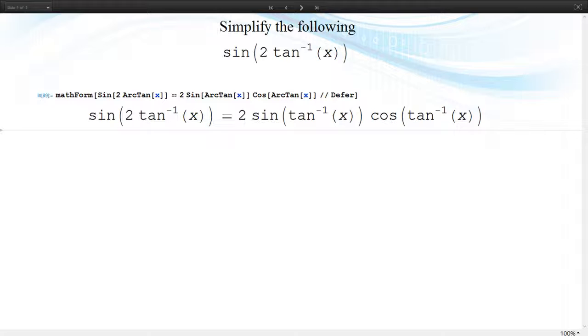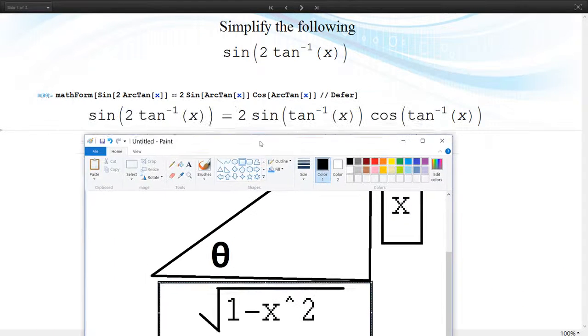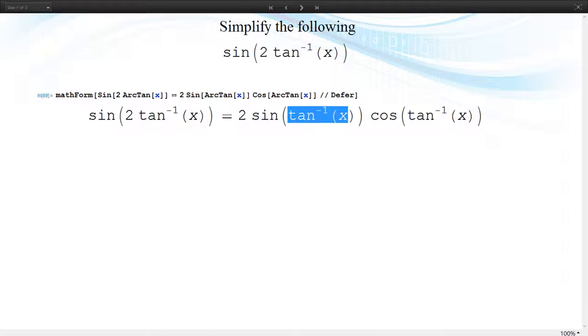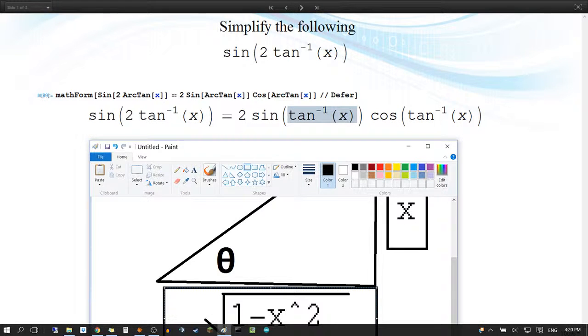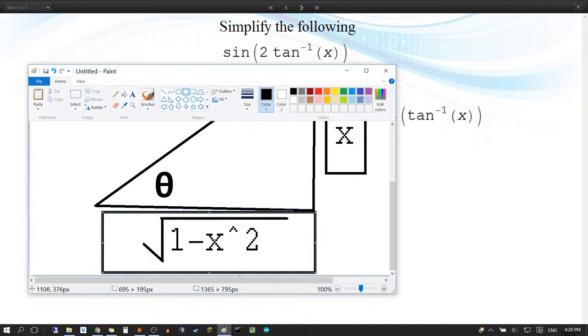So if tangent inverse of x, sorry, if tangent of theta is x, see, tangent theta is x, that means that our opposite side is x, and our adjacent side is 1.